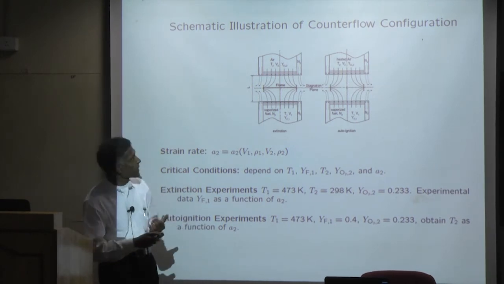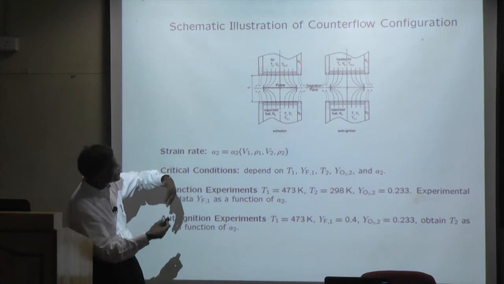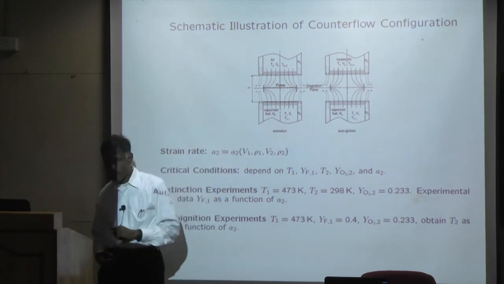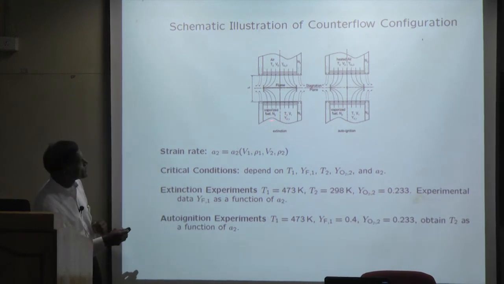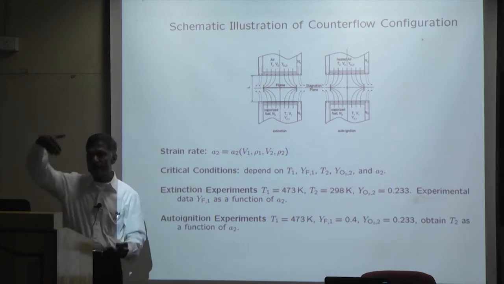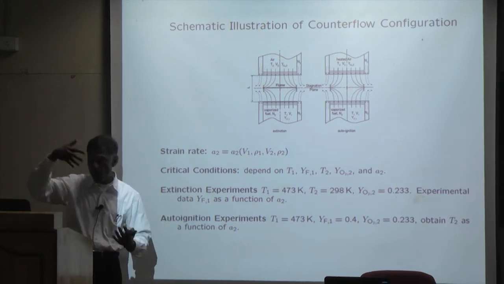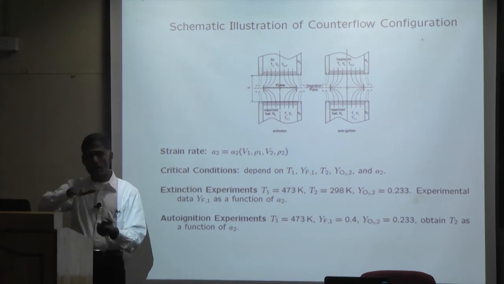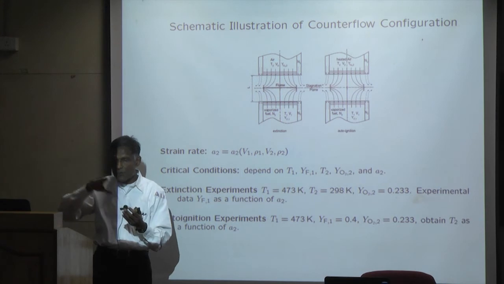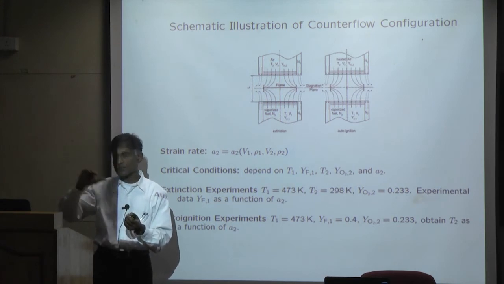You do this for different amounts of vaporized fuel in this jet, and the other side was always air in our experiments. So you get experimental data which gives you the strain rate, which is related to the flow velocities, as a function of the composition. Then you get a curve, and the point is to get a chemical kinetic mechanism that reproduces that.